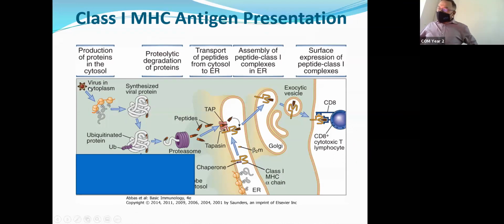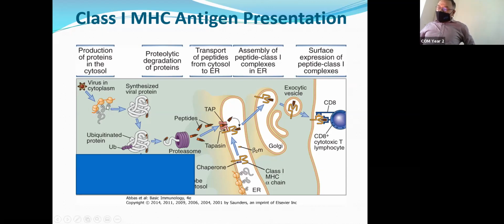As the virus gets into the cell and starts to make its own proteins, remember that every cell has an internal immune system through the recognition of these PAMPs. These pattern recognition receptors within the cell can see that these proteins that are being made don't belong to the cell, right? So when that happens, the cell can then direct these virus proteins for degradation.